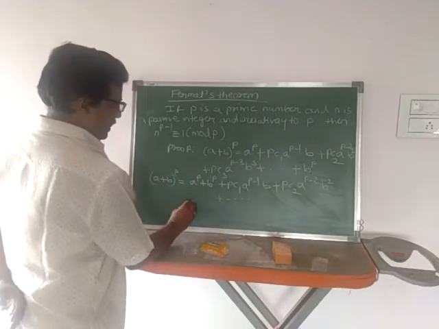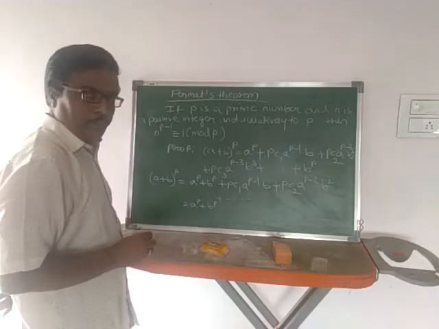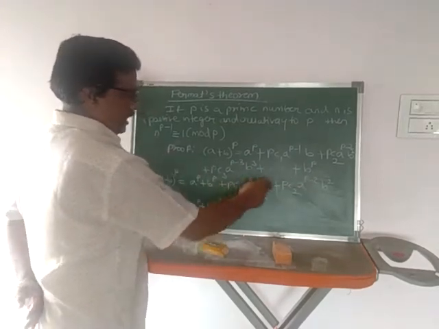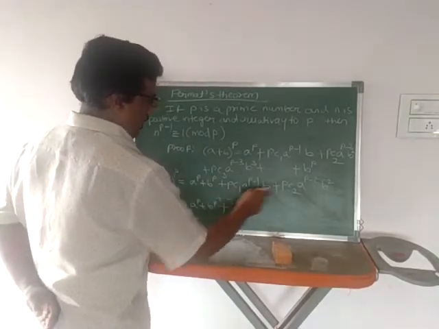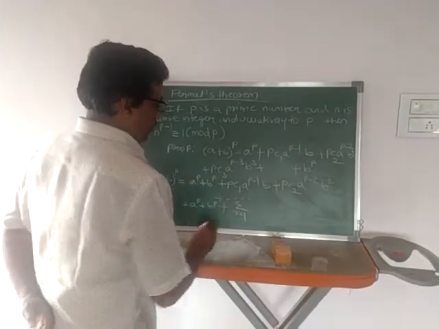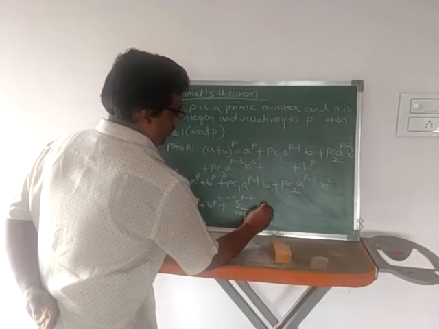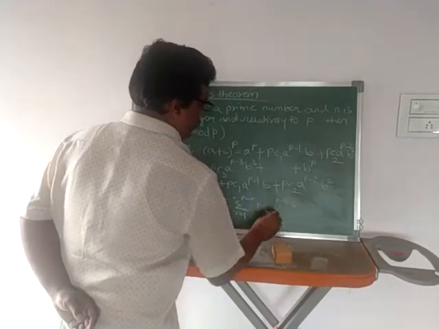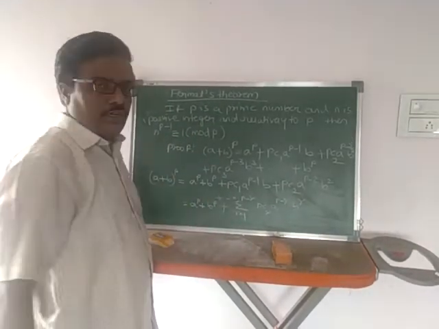Now instead of writing all these terms, write the summation form. That is, summation from r is equal to 1 to p minus 1, pCr into a raised to p minus r into b raised to r. Okay, so this is the summation form.